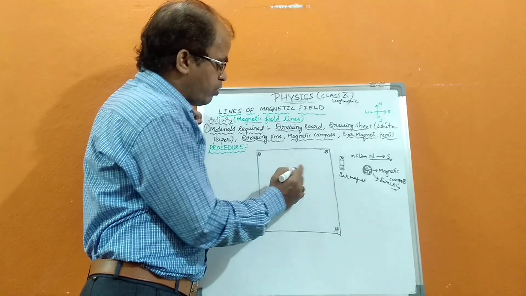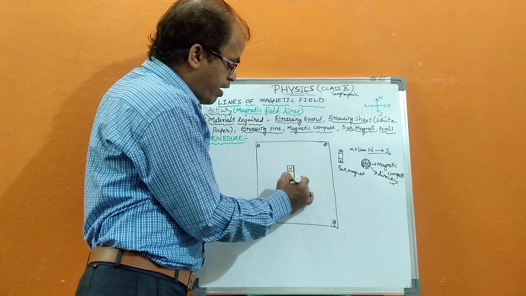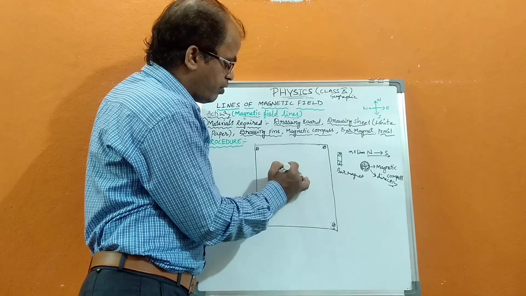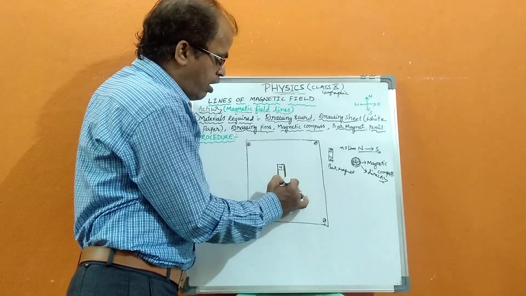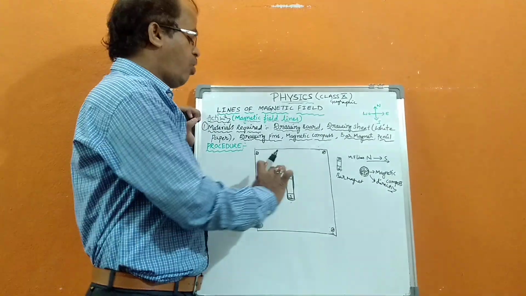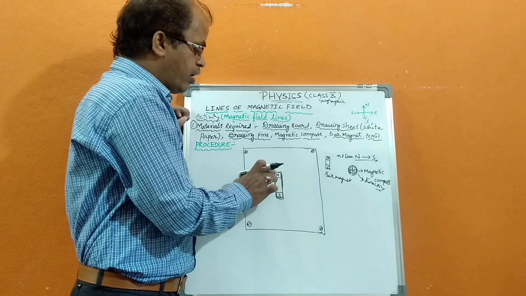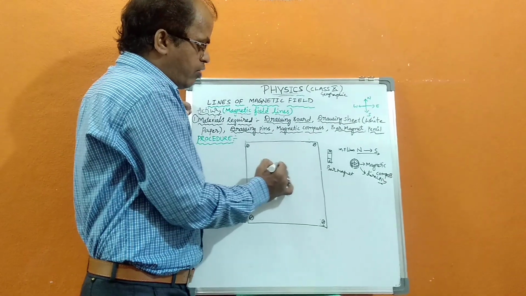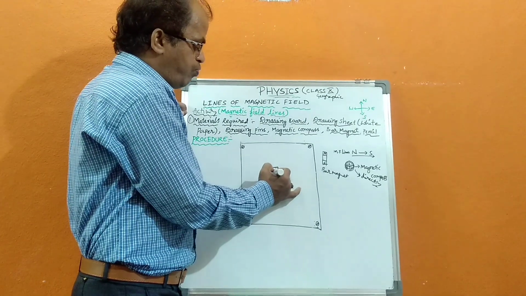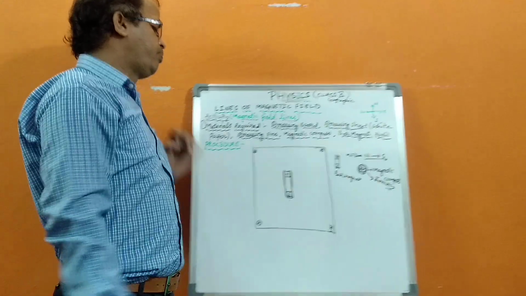And now trace this bar magnet using the pencil. I use the pencil and trace out the bar magnet. Now remove the bar magnet. We get the tracing of the bar magnet and we have to indicate the north and south pole.